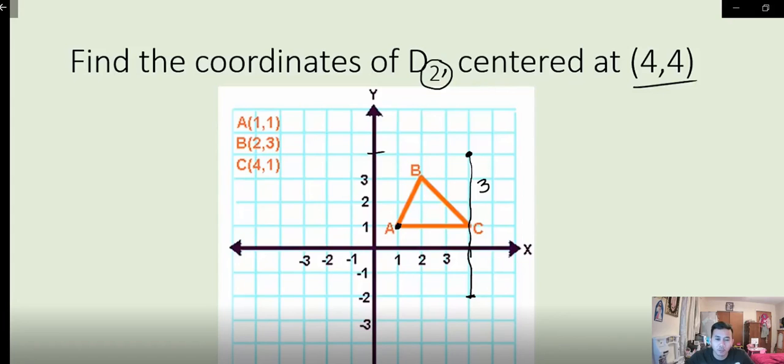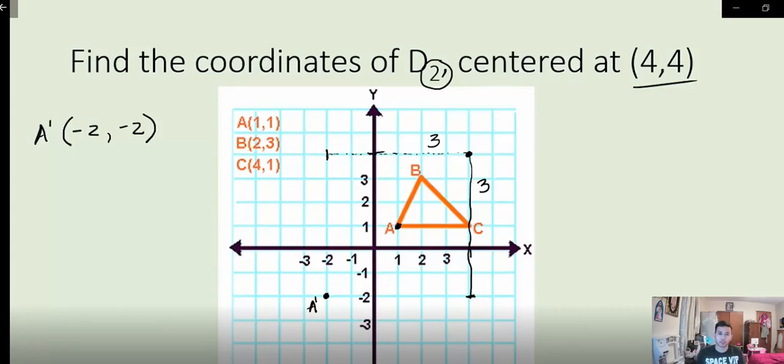Horizontally, from our center of dilation, let's see how many units that is. It's also 3 units. So from the center of dilation to my A, I'm going to double that also because the scale factor is 2. So where is our X and Y? A prime is now at 2, negative 2.